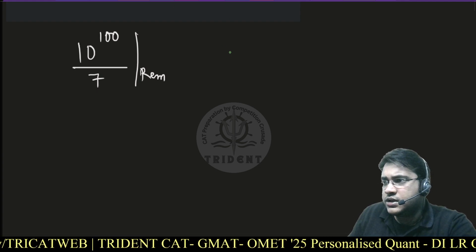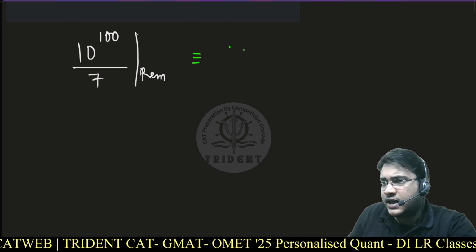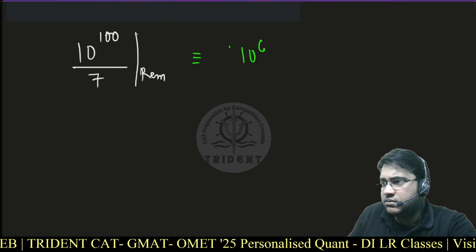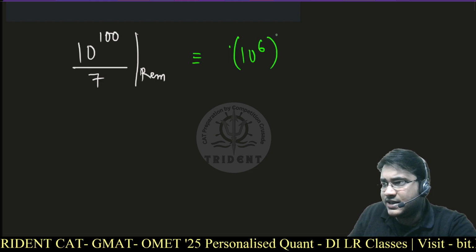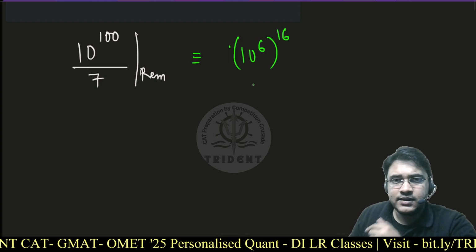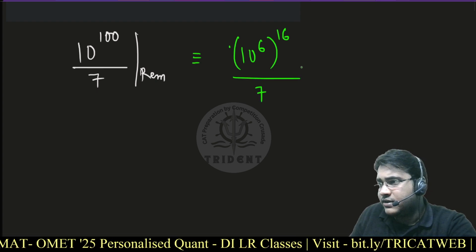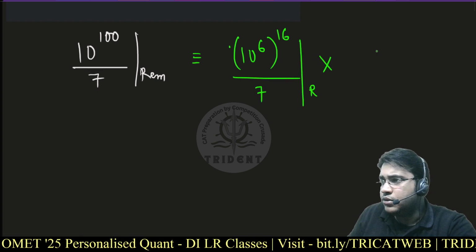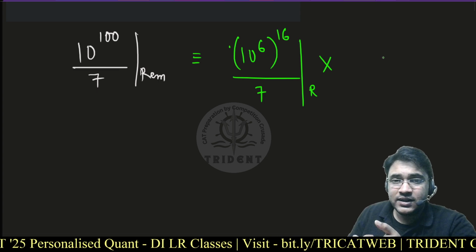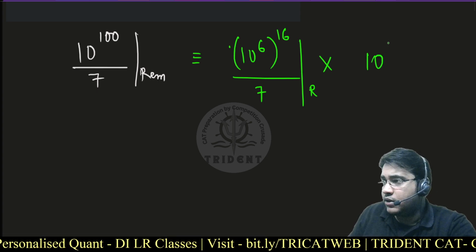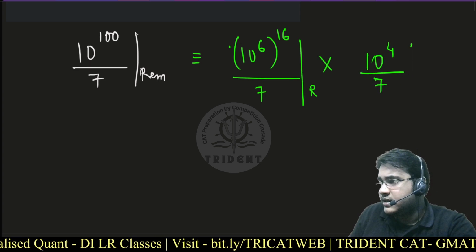The first modification that I'm going to make is that I will raise 10 to the power of 6 to the 16. 6 into 16 is 96, divided by 7, remainder, into the 4 tens that are left. I'll put that outside, so 10 to the 4 by 7 remainder.